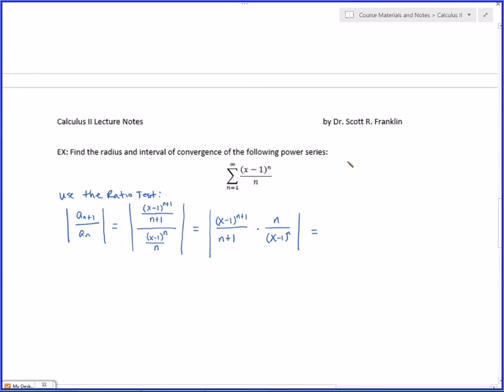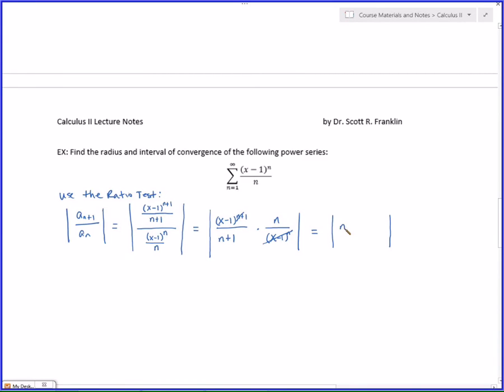So what do you get? x minus 1 to the n plus 1 over x minus 1 to the n leaves just x minus 1, because the n of them cancel with all of these.